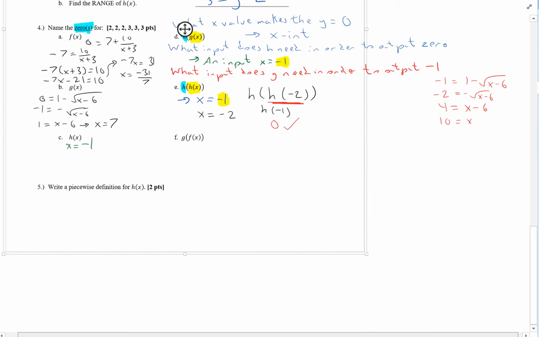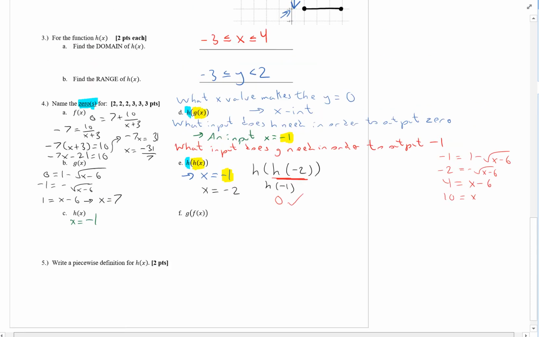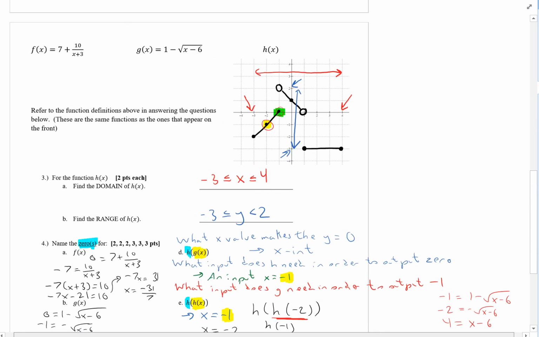So this is asking us now, what is the 0 of g of f of x? I'm just answering this over here because I want more space. This is this problem right here. Alright, first let's do it the way that we've been doing it.